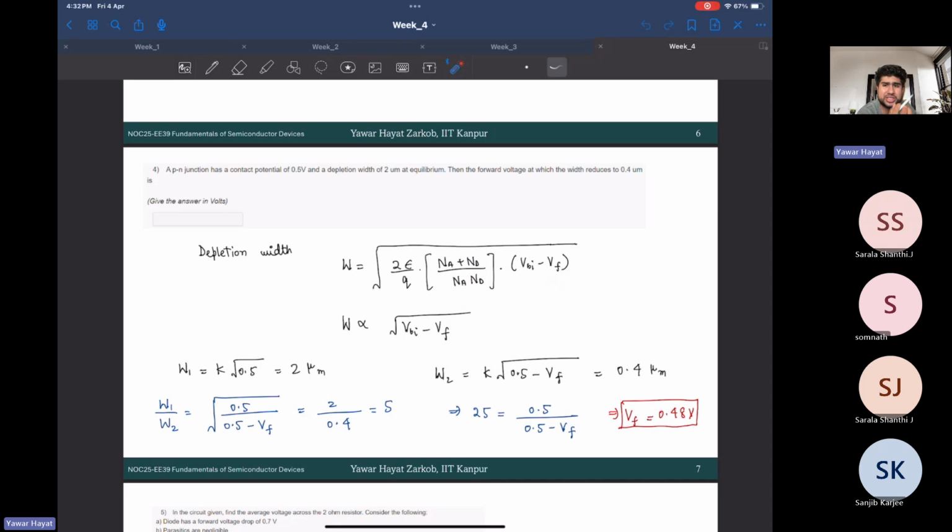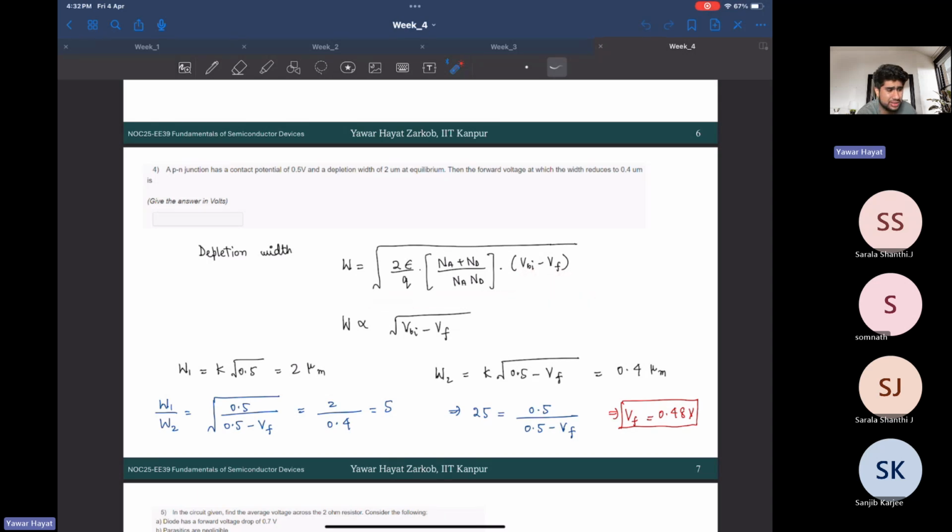So what happens to the depletion width when you apply forward bias to the PN junction? It reduces, right? And it reduces according to this equation. The more the VF, the more this W decreases. Notice you cannot exceed your VF beyond this VBI, because then this equation would break.